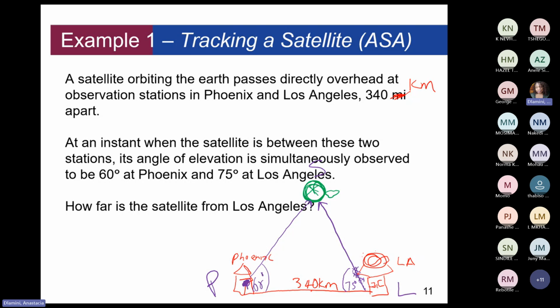Let's call this S, the satellite. Opposite S is a small s, opposite P is a small p, and opposite L is a small l. Now, we are given two angles and a side.